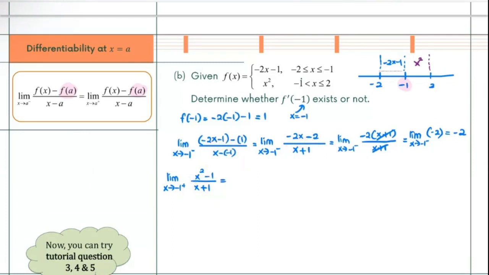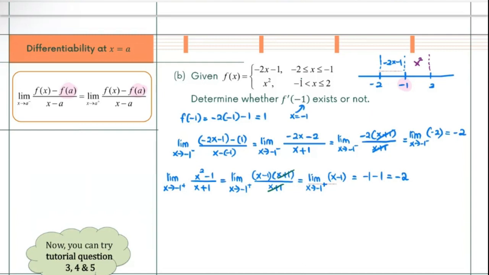Kemudian saya boleh factorize yang kawasan penyebut ini kepada x tolak 1, x tambah 1 bahagi x tambah 1. Dan x tambah 1 over x tambah 1 dapatlah 1. So tinggallah limit as x approaching negative 1 positive of x minus 1. So bila gantikan negative 1 minus 1, I get the same thing which is negative 2.